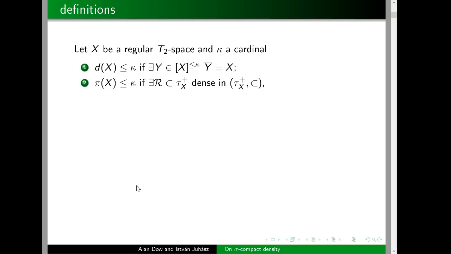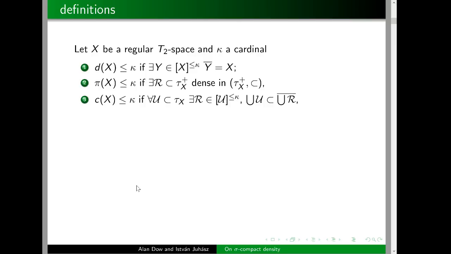If tau is your family of open sets, with plus meaning non-empty, a pi base is a family of non-empty open sets that is dense in the order structure, so every non-empty open set contains a member of the pi base.